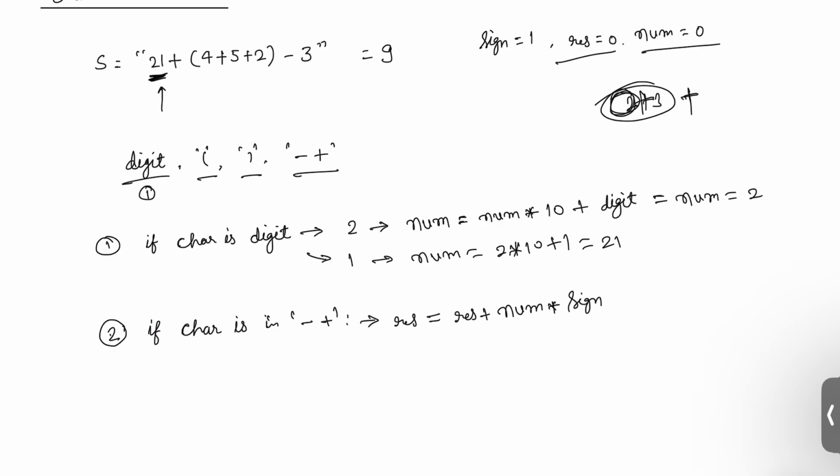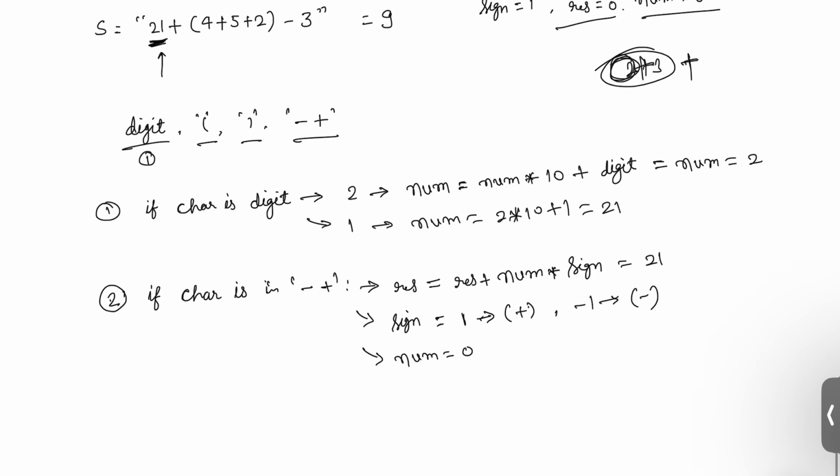Here result will be 21, because initially result was 0, num is 21 and sign is 1. Now this plus symbol has come, so we update the sign value: 1 for plus and minus 1 for minus symbol. After that we set num equal to 0, because for the next value we will again calculate num for the next digit, and we have stored the previous value inside result. So this is for the plus minus sign. Third is opening bracket.